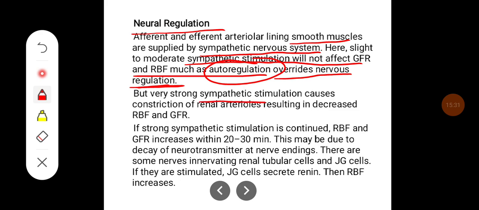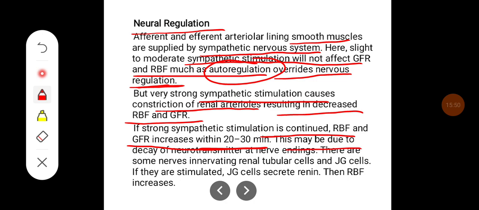But very strong sympathetic stimulation causes constriction of renal arterioles, resulting in decreased renal blood flow and glomerular filtration rate. If strong sympathetic stimulation is continued, renal blood flow and GFR increase within 20 to 30 minutes.